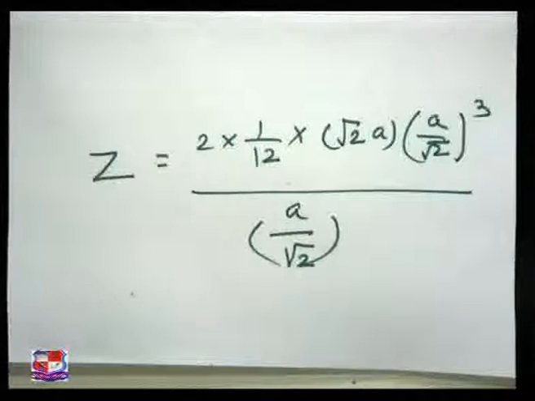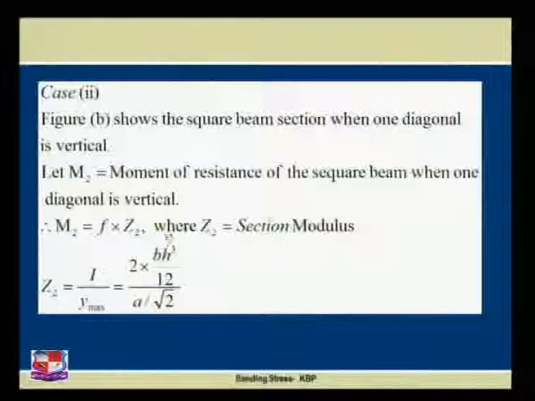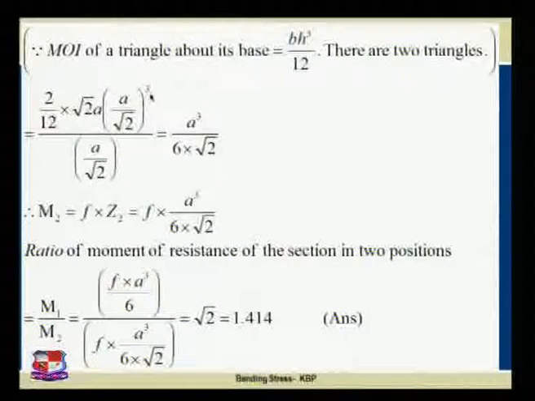So if you are referring to the PPT, 1 by 12 twice root 2a into a by root 2 cube divided by a by root 2, and simplifying that, we get a cube by 6 into root 2, a cube divided by 6 root 2.